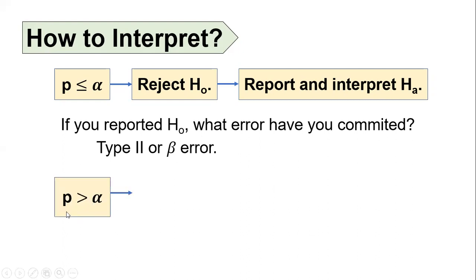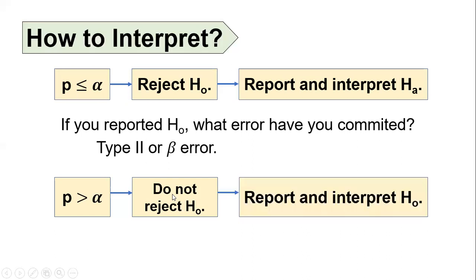How about if the computed p-value is greater than your alpha? Then you do not reject H0, your null hypothesis. And if you don't reject the null hypothesis, you will report it as well.